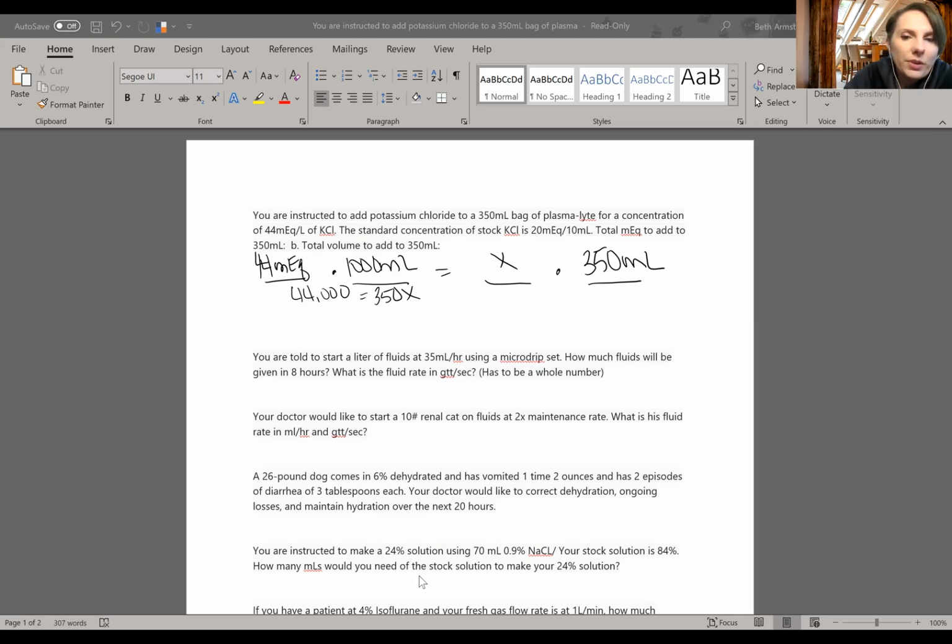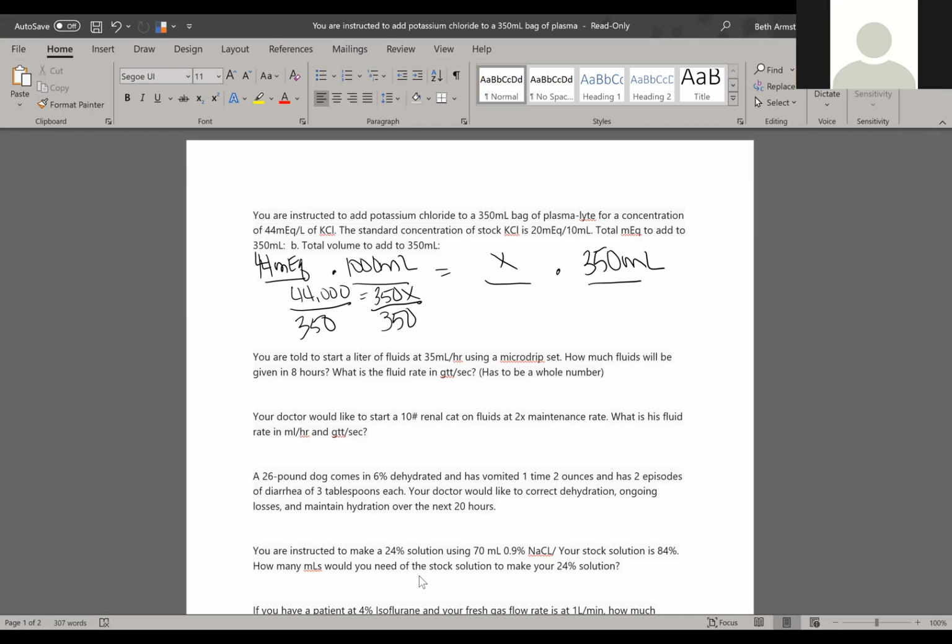And then if we simplify that more, we're going to divide by 350 on both sides. And we get what? 125.7.